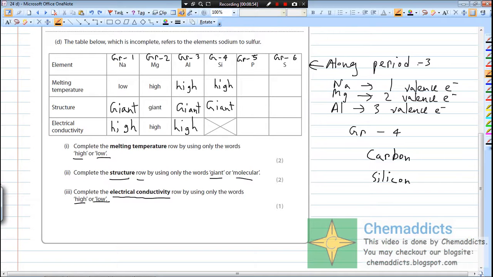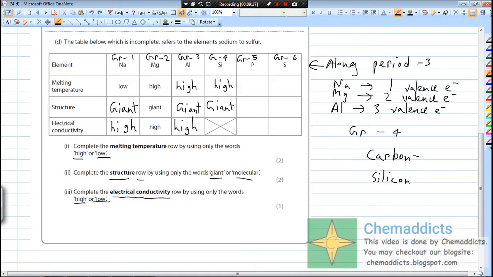So the silicon will have similar properties as carbon, since they both lie in the same group.